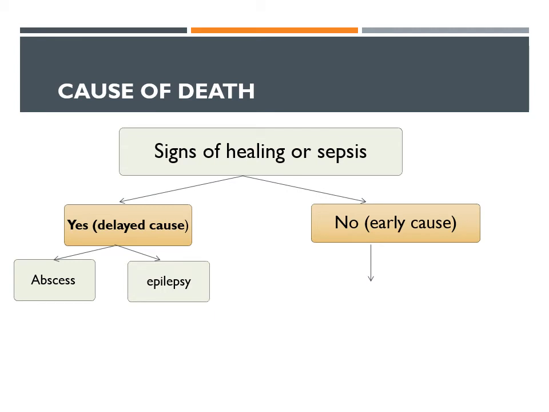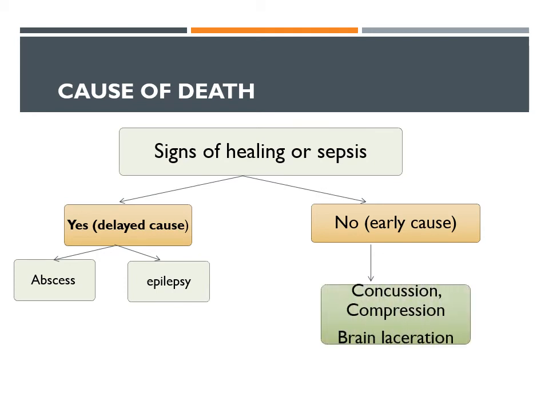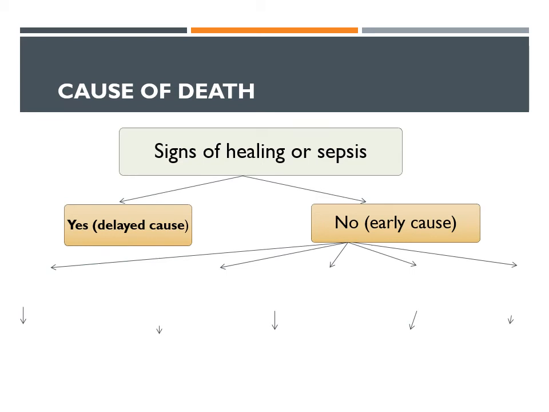Abscess or sepsis, brain sepsis or abscess, or epilepsy. What are the early causes of this? Concussion, compression, or brain laceration. These signs of healing or sepsis, if not present, so the cause of this is early causes.